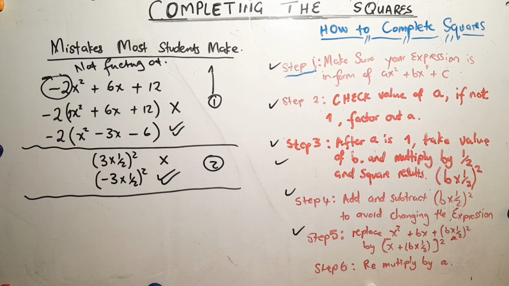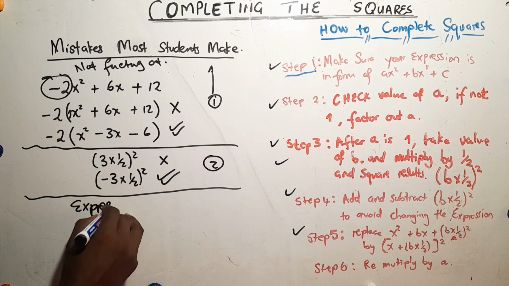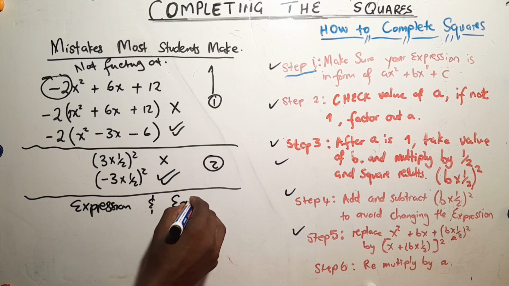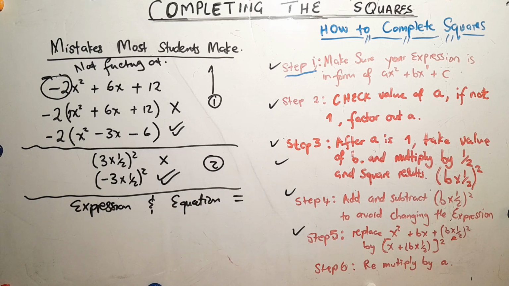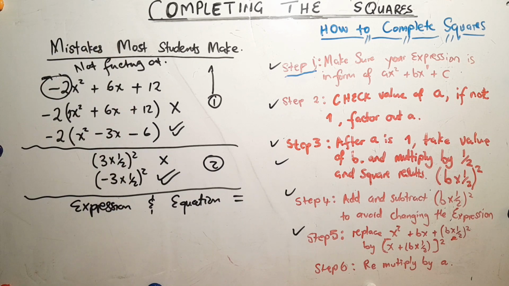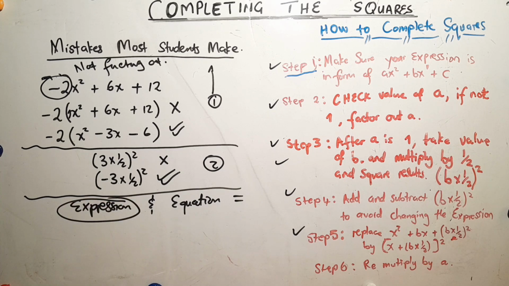And the other mistake is that students often confuse expressions and equations. Just remember that an equation is the one that has an equal sign, and the expression doesn't. You find students solving for an equation, while you just have to solve for the expression.